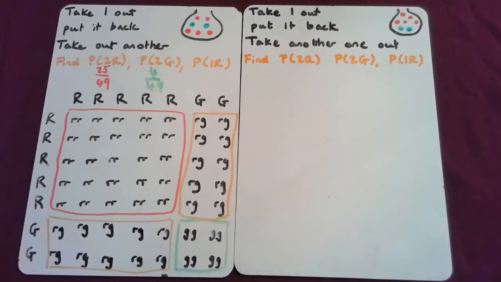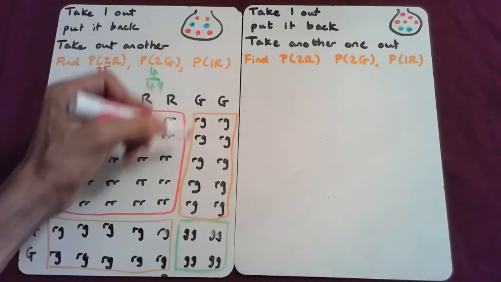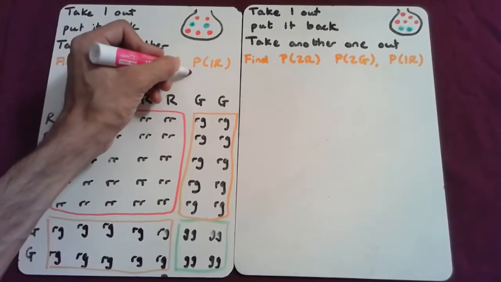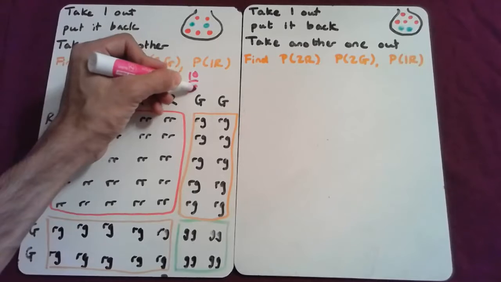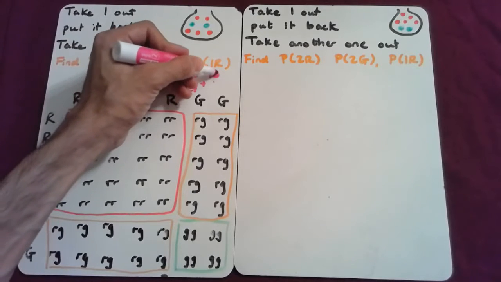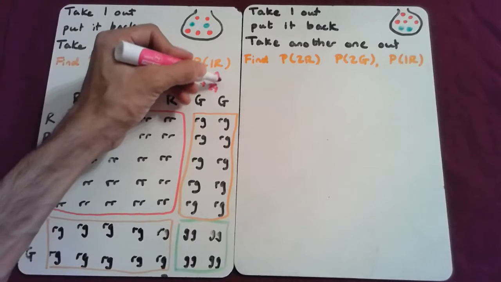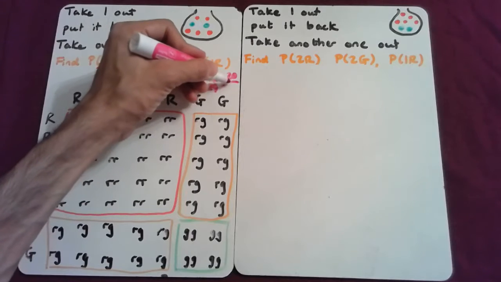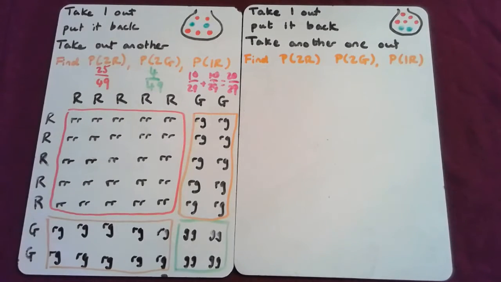And then the probability of getting 1 red in this case would be 2 by 5, which is 10 plus 10. So 10 out of 49 plus 10 out of 49, which is 20 out of 49. So those are our probabilities done by a sample space diagram.